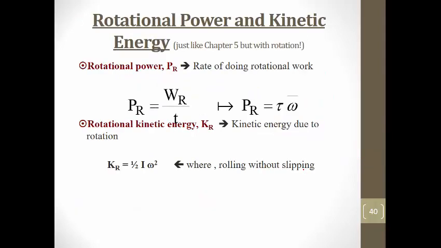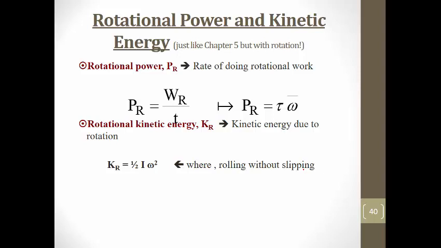We can also look at other things from earlier in the semester. We could have rotational power, rotational work, and rotational kinetic energy. If we are making something rotate, it can still do work because it has a change in its angular displacement, and I can have rotational energy.